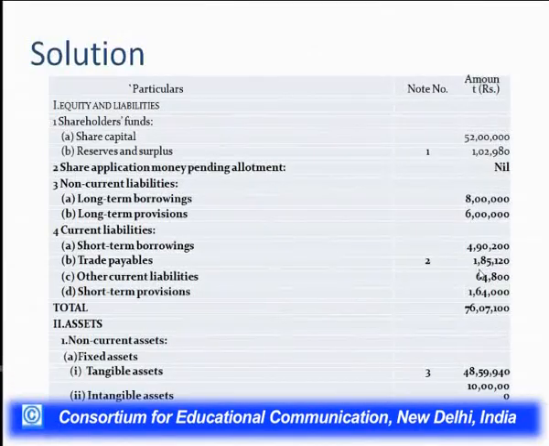Let's go further. The next item is trade payables, 1,85,120. So where does this money come from, and there is a note, right. So it's important that we have a look at this item. Where did this money come from?